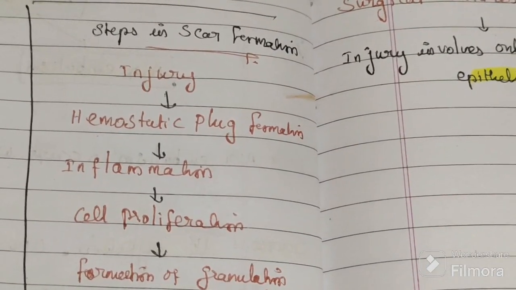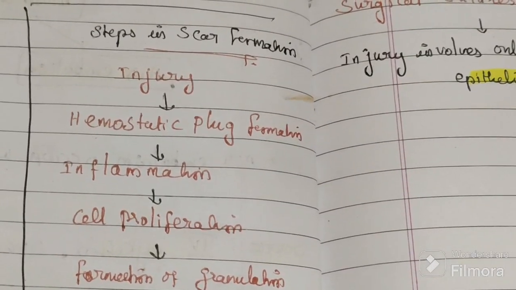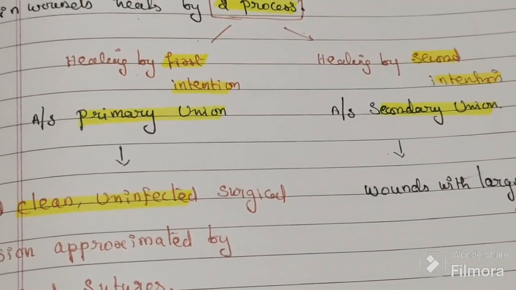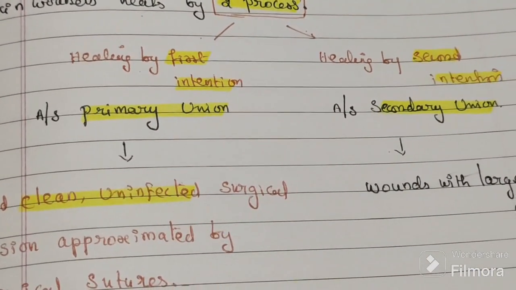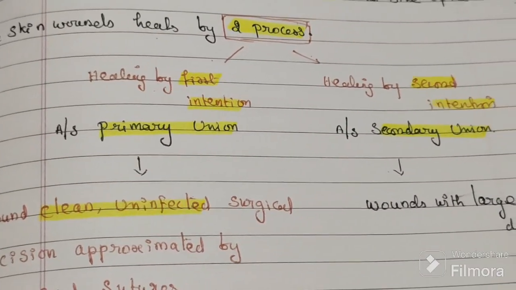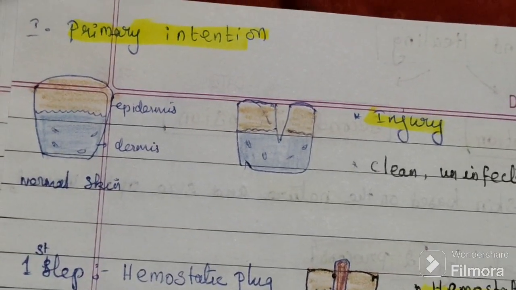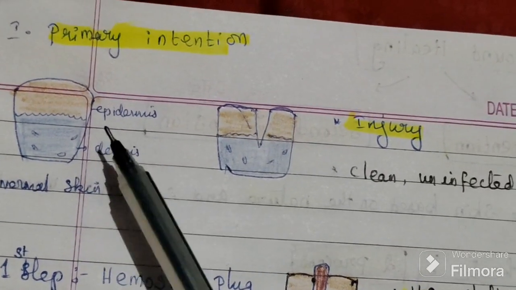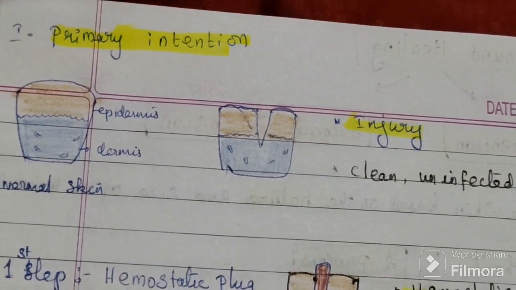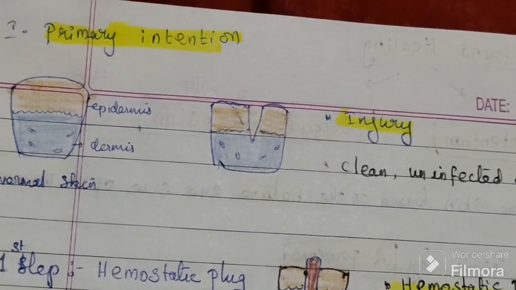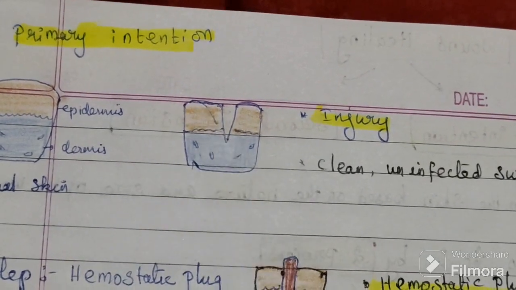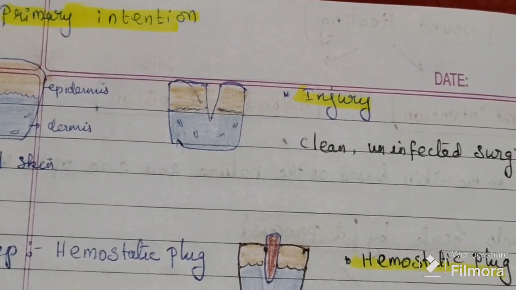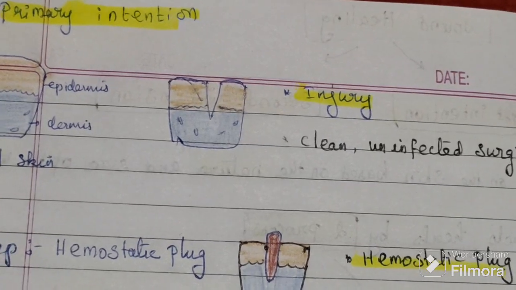Let's discuss how the skin wound heals by primary and secondary intention in this series. First, let's discuss primary intention. This is skin, epidermis and dermis. Now here is an incision, which is clean, uninfected, a surgical incision.